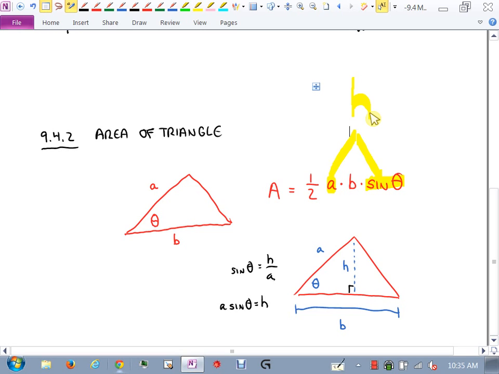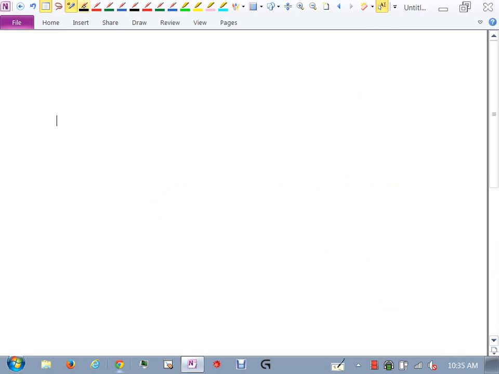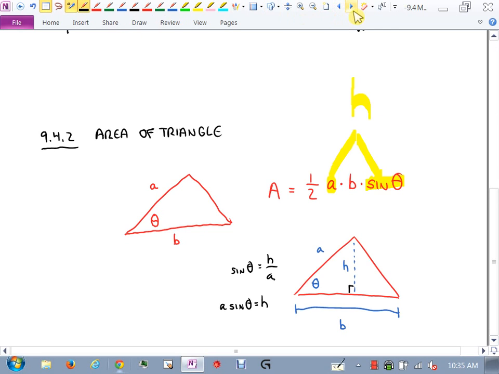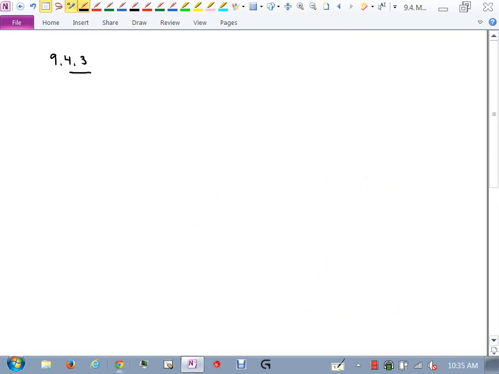So let me show you how you could figure out the area of a triangle with this. Find area.